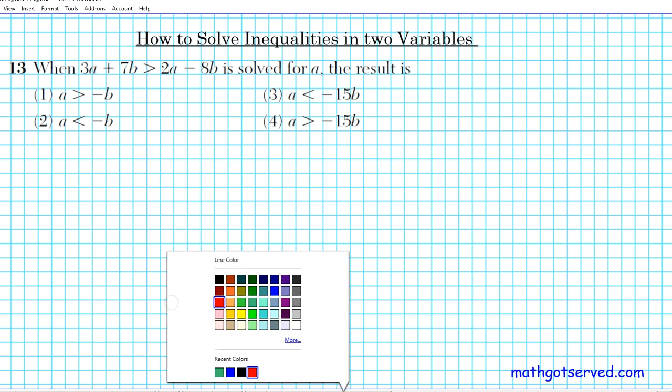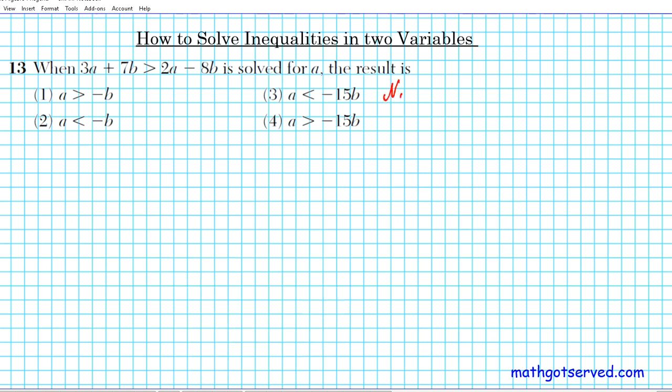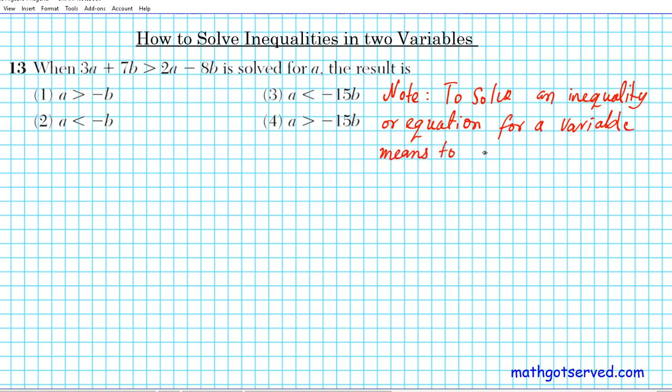So let's write down something to keep in mind. What it means to solve an inequality or equation for a variable. It means to isolate. Okay, you want to get that variable by itself.